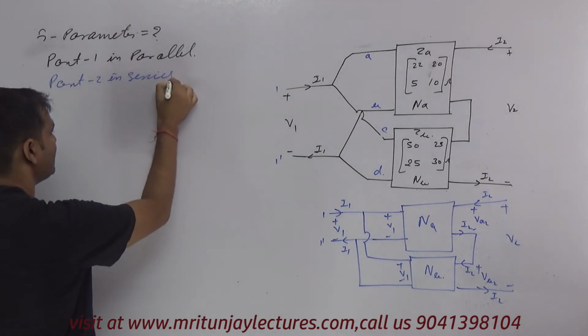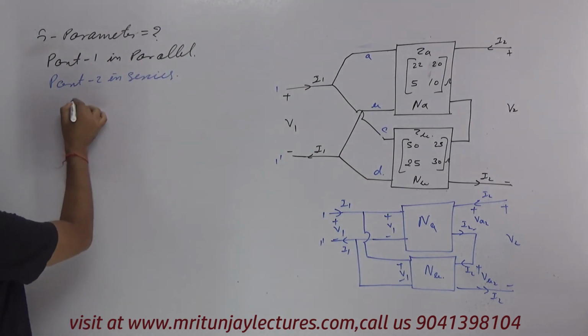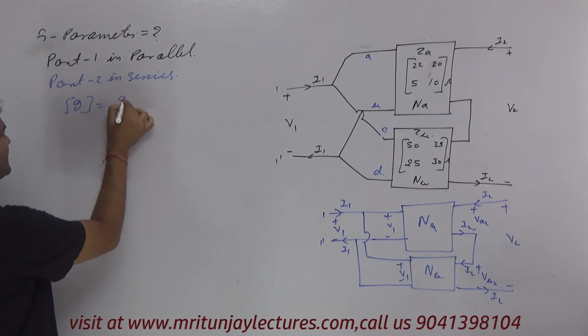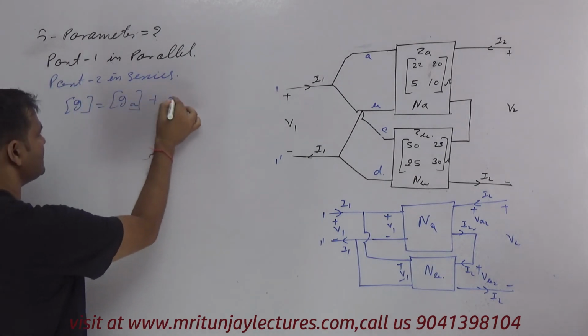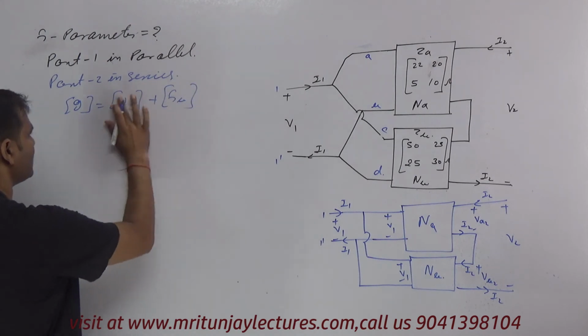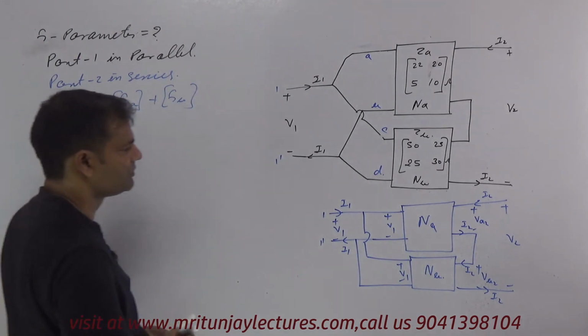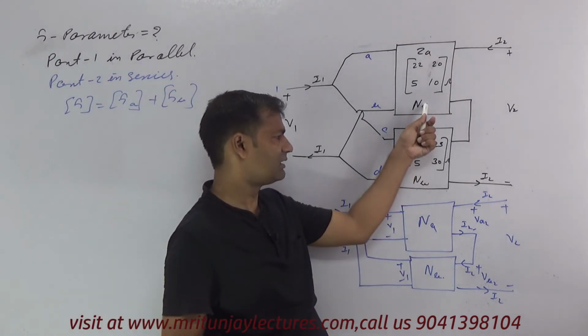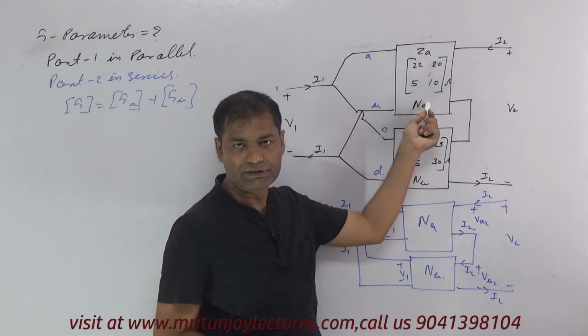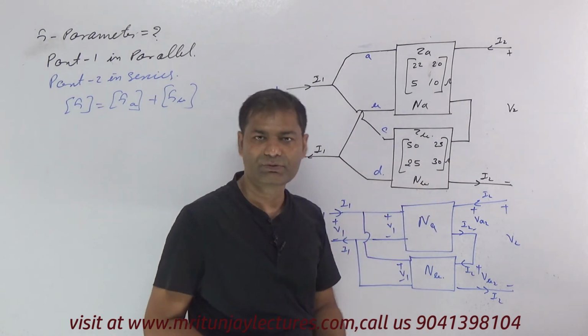So which type of combination? G type combination. So finally G is written as GA plus GB. So first of all, this one is converted into a G type parameter and this one is also converted into a G parameter.